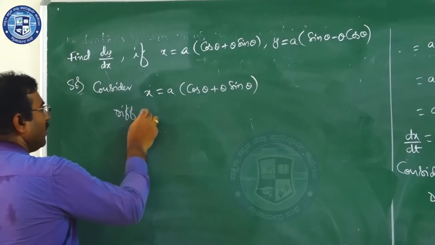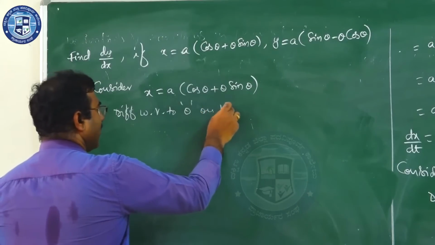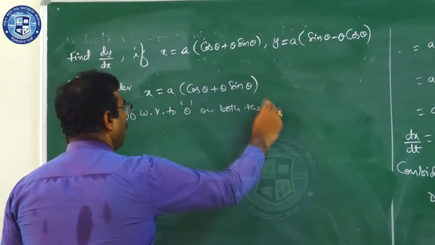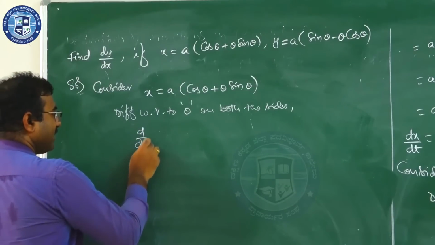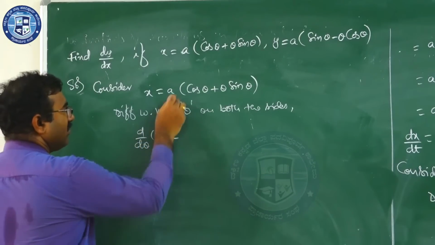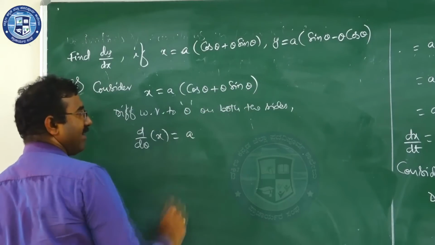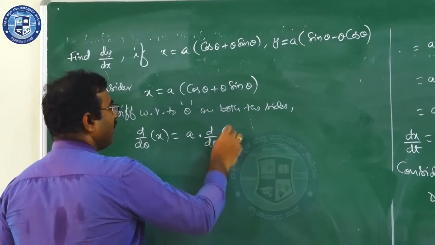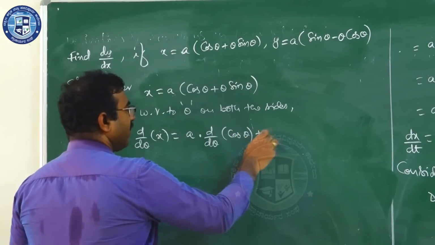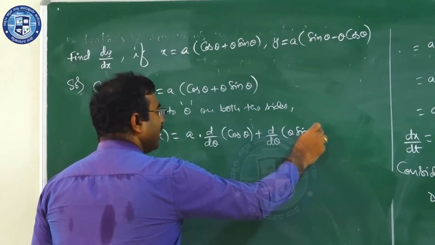Differentiate with respect to theta on both the sides. So d by d theta of x is equal to, a is a coefficient for this entire variable, so a into d by d theta of cos theta plus d by d theta of theta sin theta.